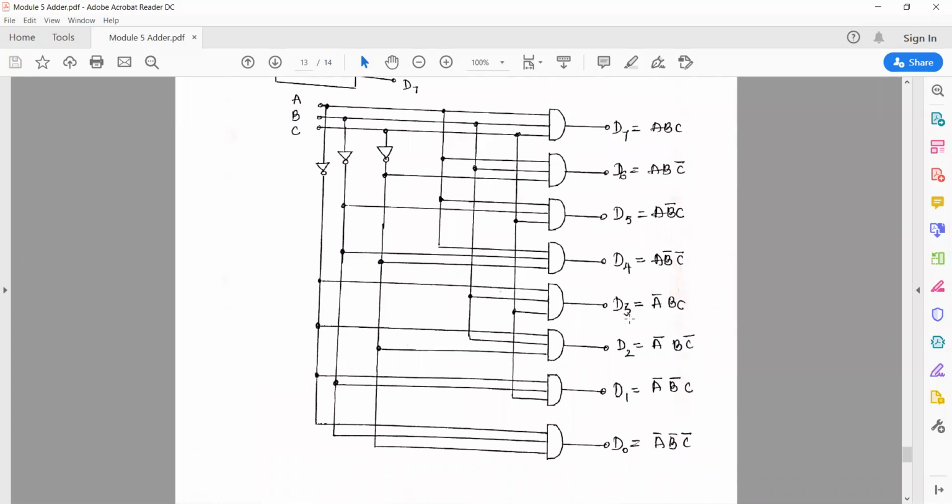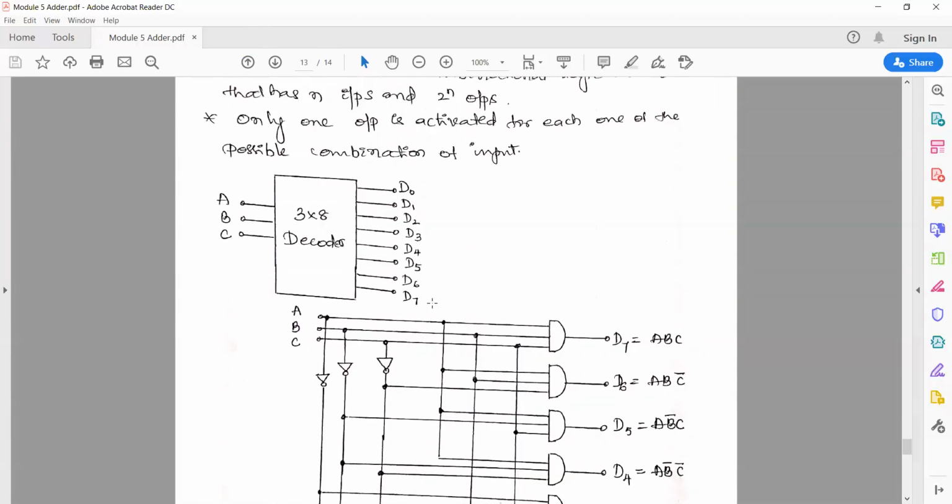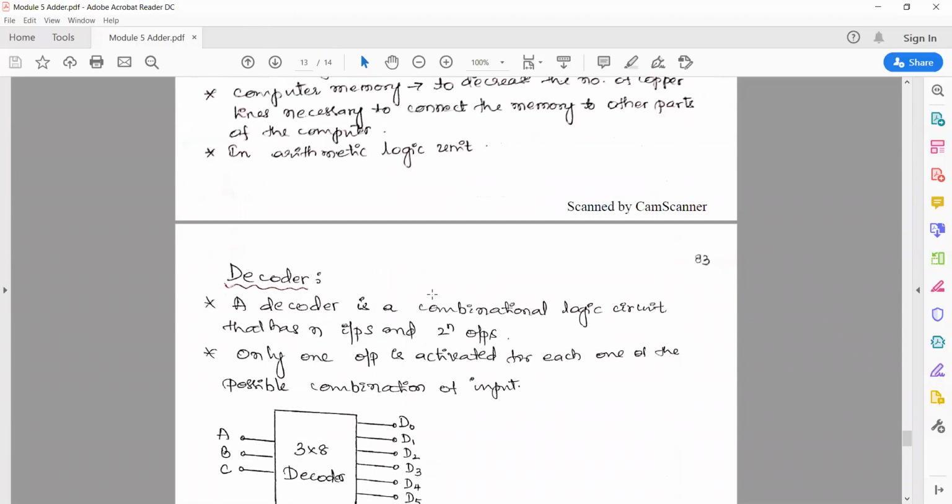Here is D3, 0, 1, 1. 0 means A complement, so A complement is being taken, and this is line B and here is line C. In order to have D3 equal to 1, the input we need to give is 0, 1, 1, where 0 means A complement has to be taken. So this is the concept of the decoder.